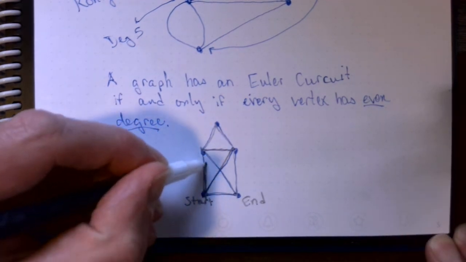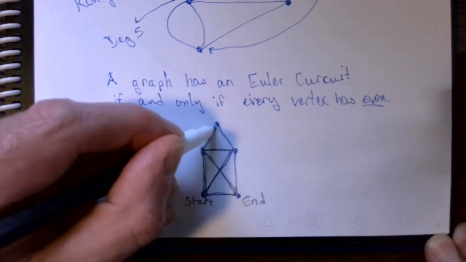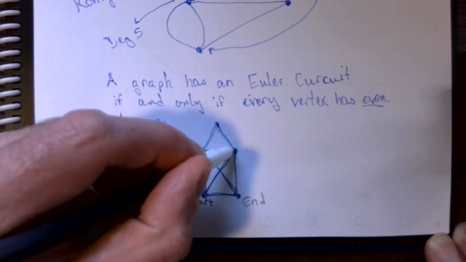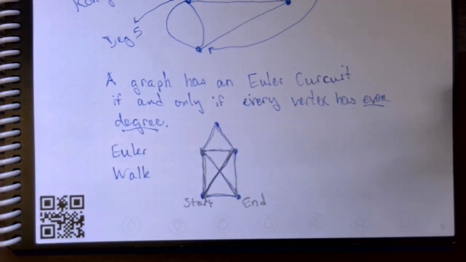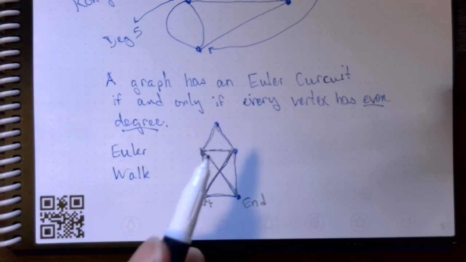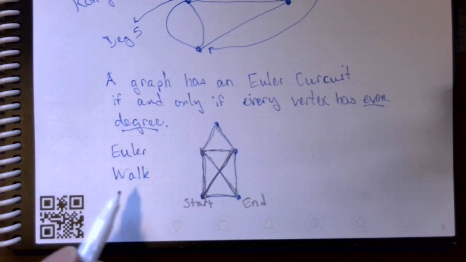So I went kind of up, and I made like a little N, and then I went around the top there, and then down, and then over, tracing out that. So that's not exactly an Euler circuit. I did trace over each of the edges exactly once, but I didn't start and end in the same place. So that's called an Euler walk.